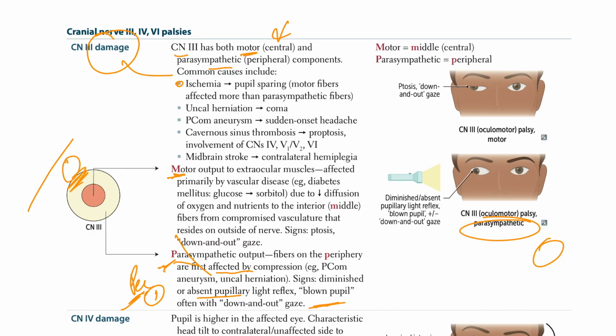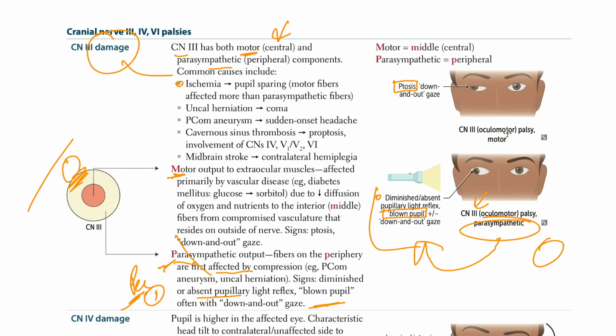If you get the palsy of the periphery, which is the parasympathetic, you are going to get these features: you will have a diminished or absent light reflex, because if you recall, the light reflex needed CN3, right? And on top of that, very high yield, is this thing right here, blown pupil. Here is the blown pupil, and here the important thing is ptosis.